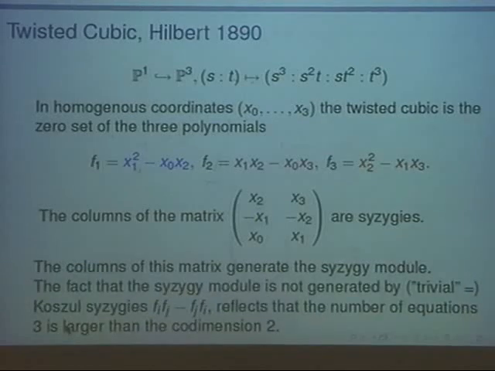As I said before, we always have a syzygy if we have an ideal: fi times fj minus fj times fi is trivially 0. So we always have Koszul syzygies. The fact that we also have non-Koszul syzygies reflects that the number of equations is larger than the codimension.